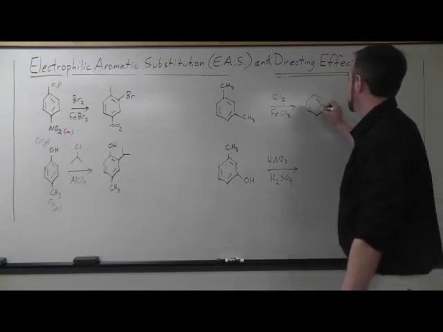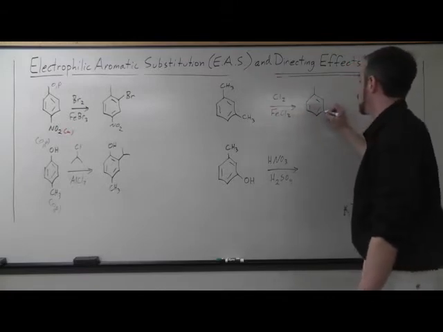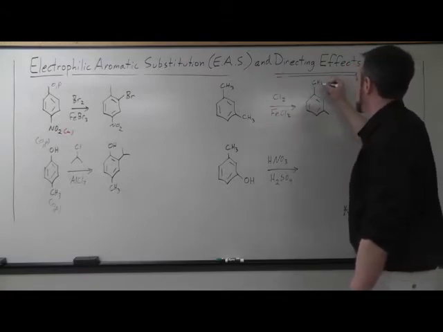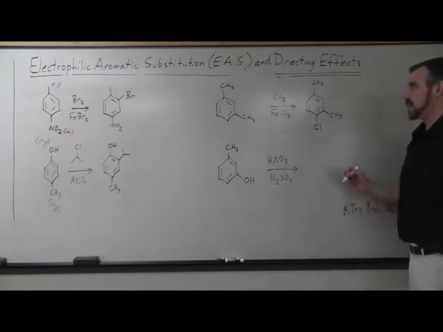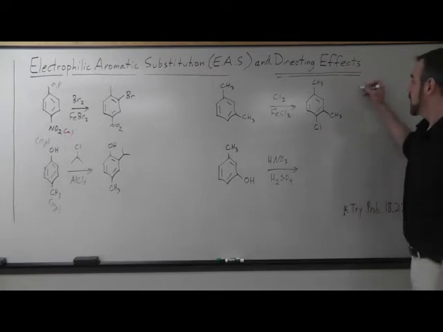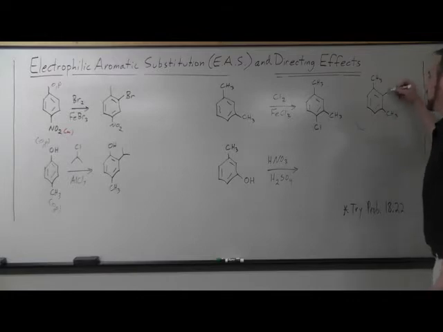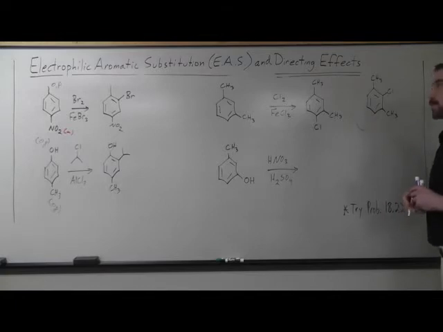However, what's observed whenever you have this 1-3 or this meta relationship of ortho-para donors is that you really only see the product where the group is ortho to one and para to another. Just due to steric crowding, it's unlikely that the chlorine would go to this position. It'd be harder for attack to occur there.